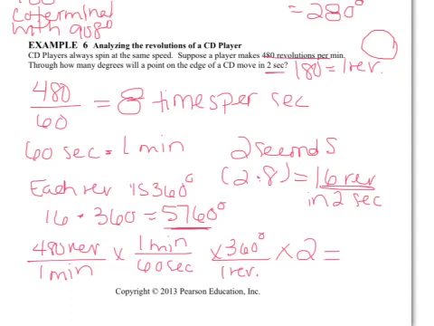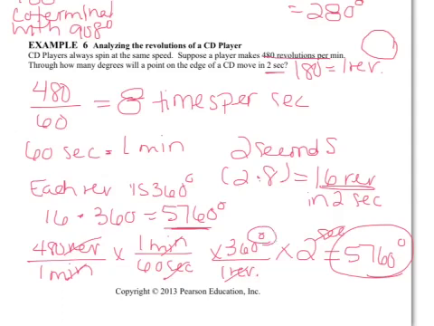So if we multiply all that out, we end up with 5,760 degrees. Because if we look here, our revolutions would cancel, our minutes would cancel, and then we have our seconds, so our seconds would be canceled. So we have 5,760 degrees, because all we're left with here is degrees. So those are 2 different ways that you could find the answer to that problem.